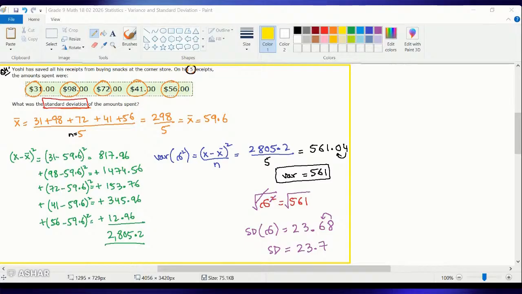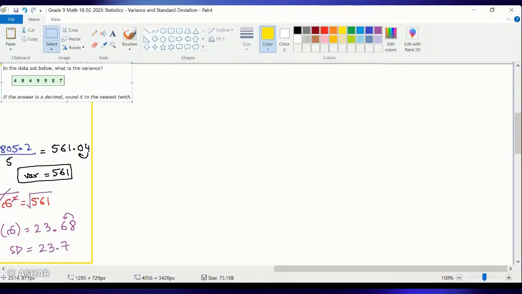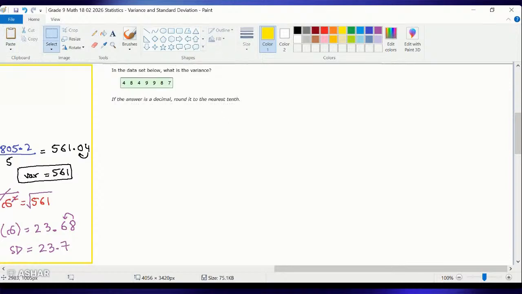We just need to find the variance and we'll add standard deviation also, okay? For these values which were given to us for question number 5, we need to find the variance. If we have the variance, we can find the standard deviation as well.